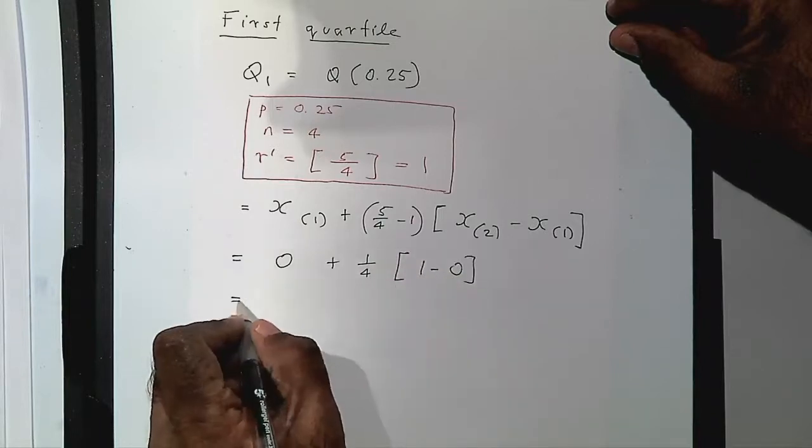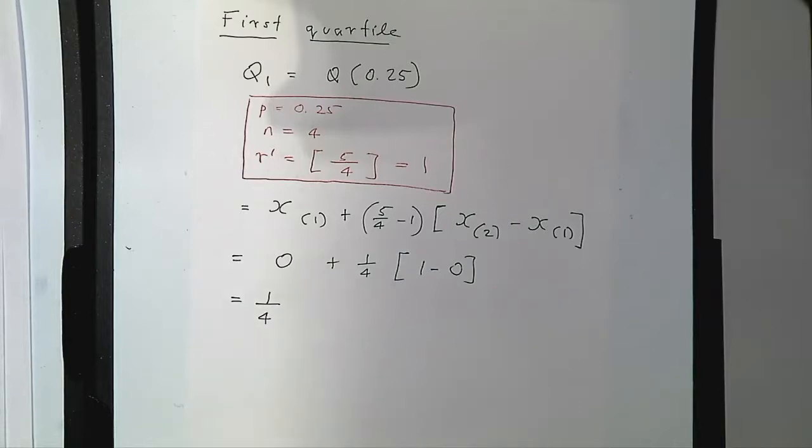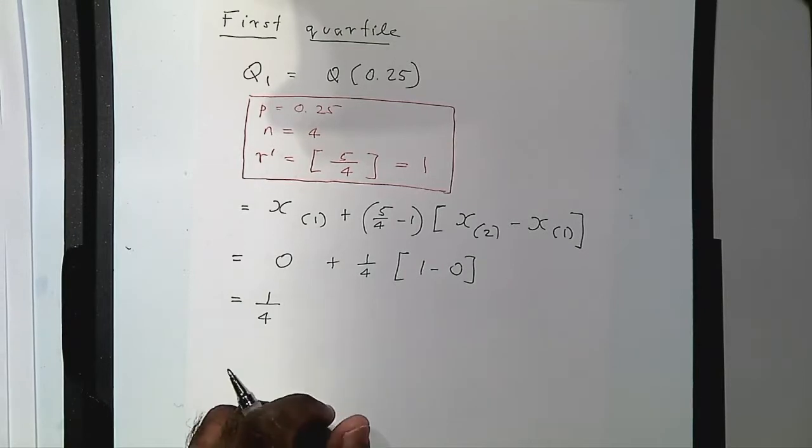So you get a quarter. So Q1 is a quarter. Is that clear to all of you? It's a simple application of the formula that I mentioned to you on Monday.